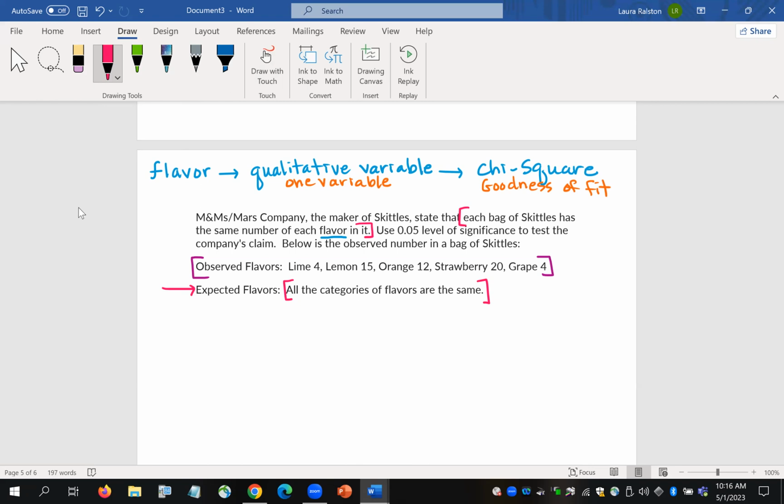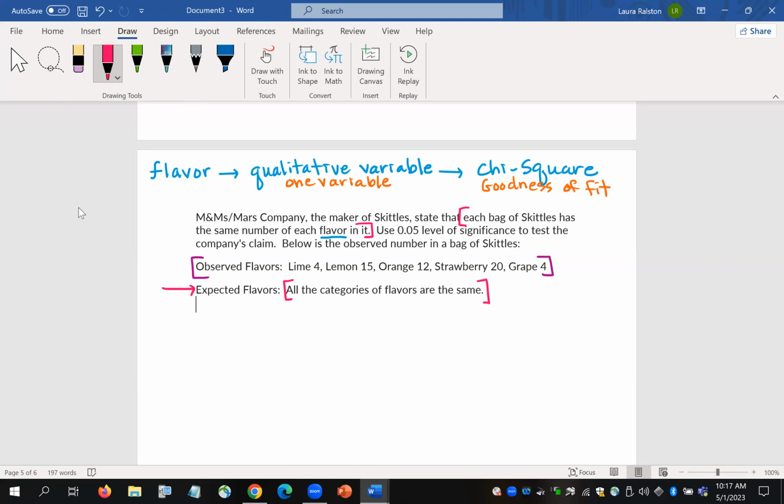I added all the observed and I divided it by 5 and I got 11, and each one I subtracted it by 11 and I squared it and divided to get the total. Like for lime, I did 4 minus 11 squared divided by 11 and I got 4.45, and I did the same for the others, lemon, orange, strawberry, and grape.